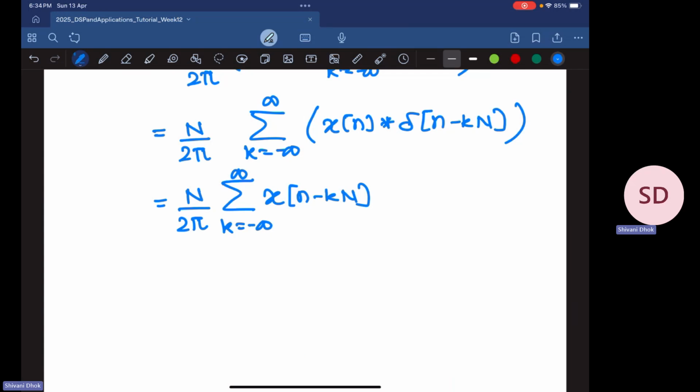So we are getting something like this. What is happening here? We are getting replicas of x of n.